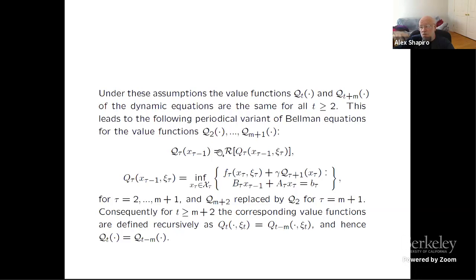Now, of course, this is a period m here. One can take period m equal to 1. Then it becomes the standard way people do this, the classical Bellman equation, which people use here. I don't think this is something new from this point of view. But what is new is that the method still turns out to be working, and working quite well, these cutting plane methods.